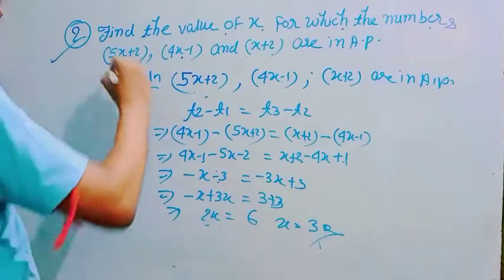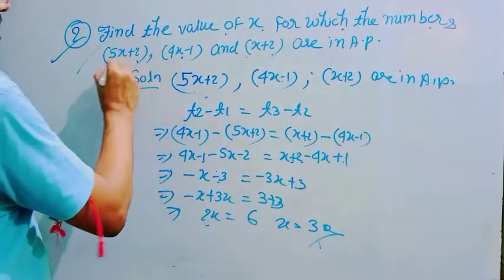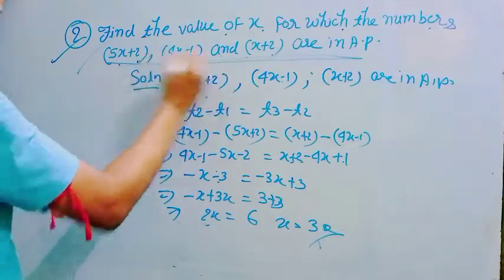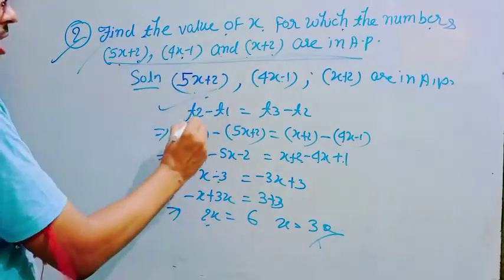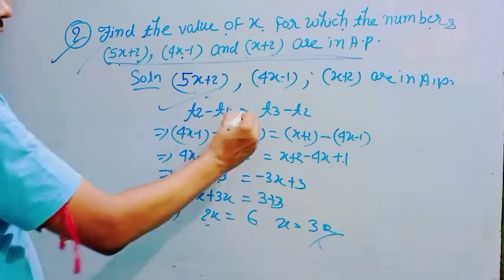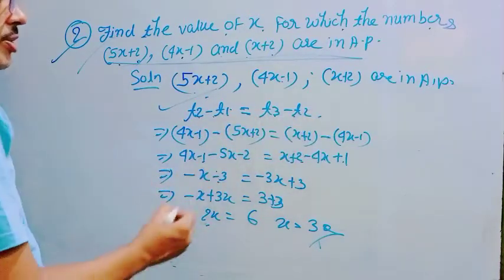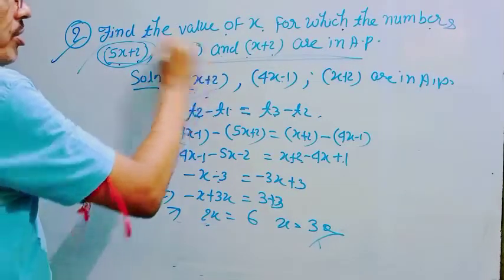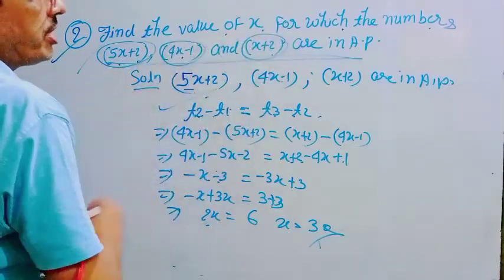It is the solution. It is only possible when this condition is given that they are in AP. If they are in AP, then the condition is T2 minus T1 is always equal to T3 minus T2, where the first term is called T1, the second term T2 and the third term T3.